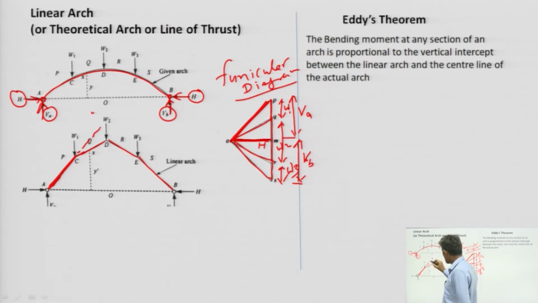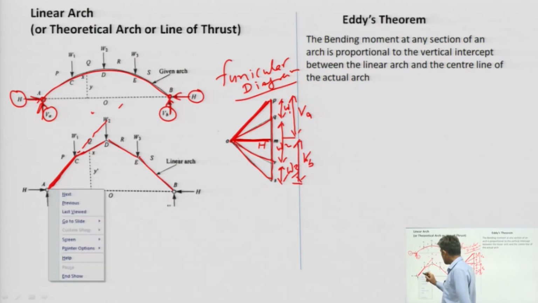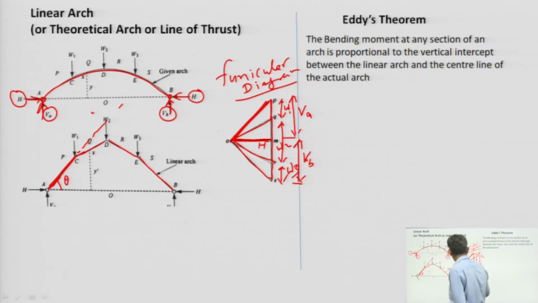At the support point A, make a line with the same slope. Suppose this angle is theta. This angle is theta, then the slope of this line is the same, and the length of AC is where the point load W1 is acting.